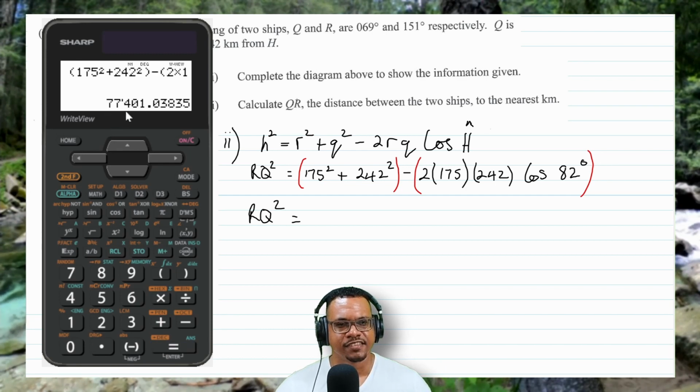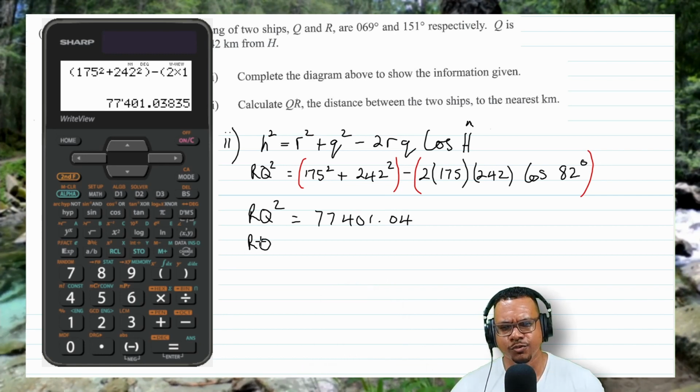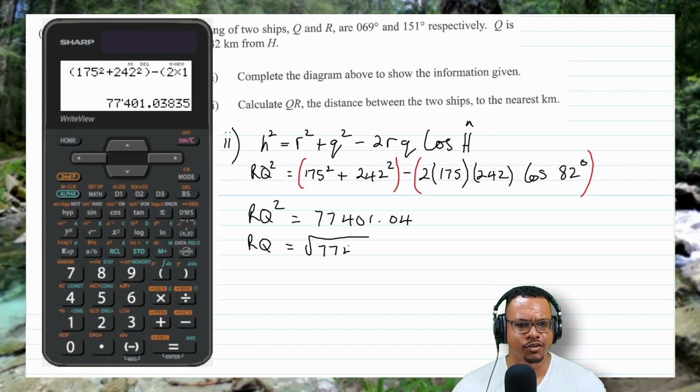77,401. Now, writing this to the nearest kilometer, I'll take some decimal places before my final answer. So I'll write 77,401.03, and since after 3 is 8, I'll put this up by 1 and put 4. So 77,401.04. So now RQ will be the square root of 77,401.04.